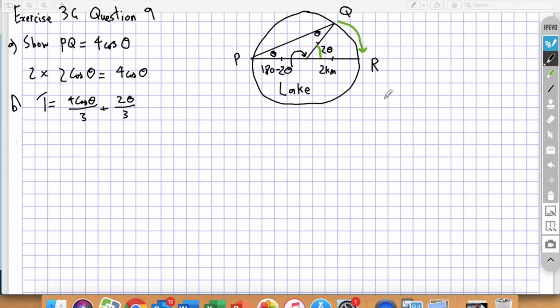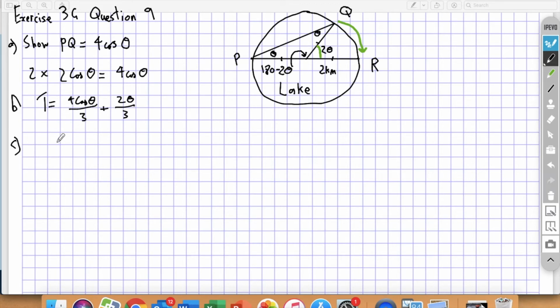Next, part C. Part C says find theta such that the derivative of my time function equals 0. Right, okay. I'm not sure if this is a max or a min yet, right?